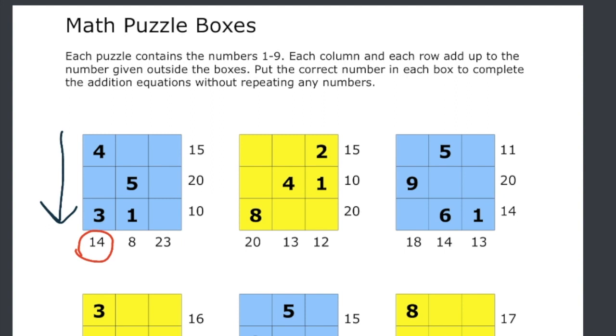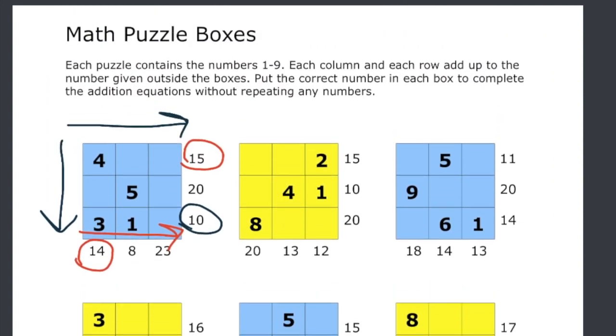Then you have rows and columns going this way, and those numbers are going to add up to the number 15. And then you have numbers going this way, and that's going to add up to the number 10. And it's the same way for all the other boxes, for all the other puzzles. All right? So here we go.